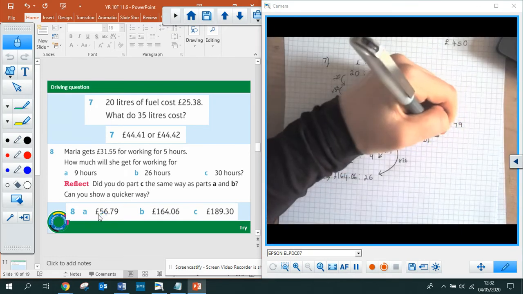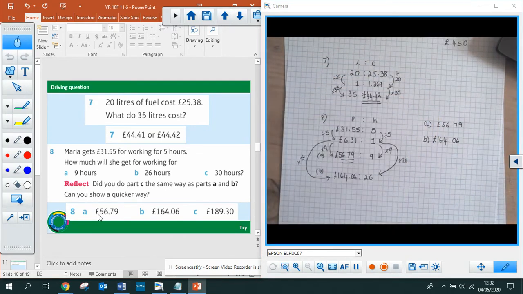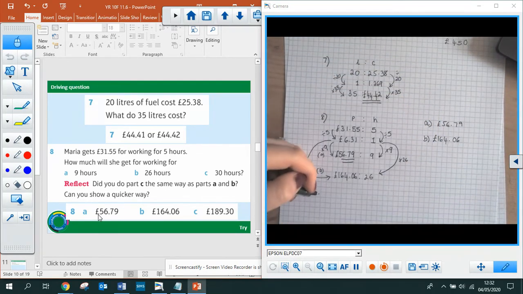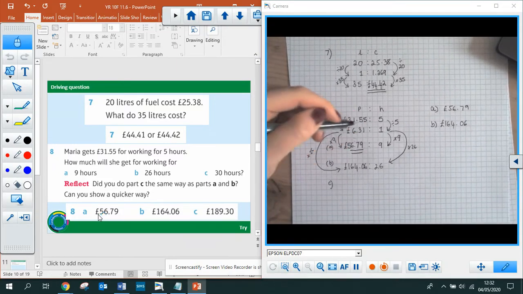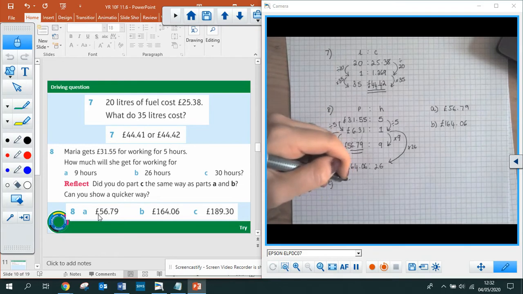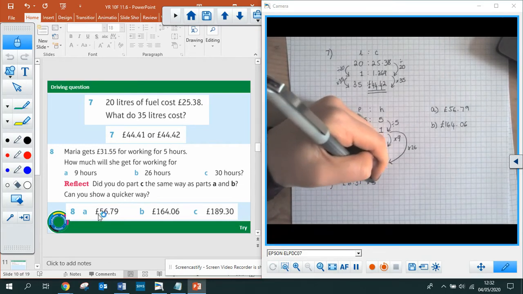That's what she gets for 26 hours. And then finally for 30 hours, part C, I'm not going to do all these arrows because it's confusing. We now know £6.31 is what she gets an hour. So it's 6.31 multiplied by 30.